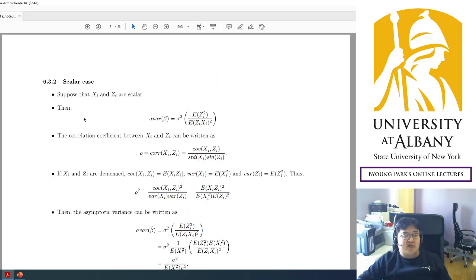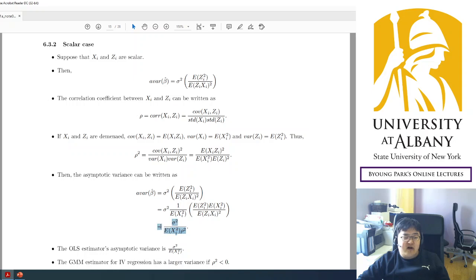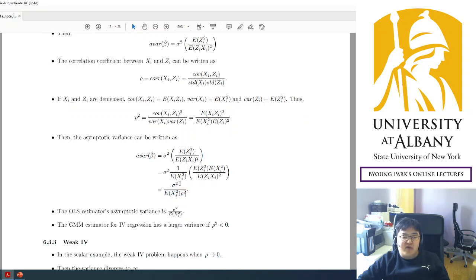And another interesting example is to think about the scalar case to give you a better intuition. So now think about one-dimensional x and one-dimensional instrument. Then the asymptotic variance can be written in this way. So you can simplify a lot of things. And think about the correlation coefficient rho, and using the correlation coefficient, you may rewrite the asymptotic variance in this form.